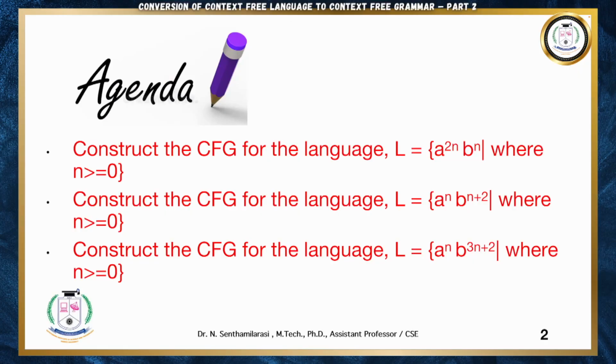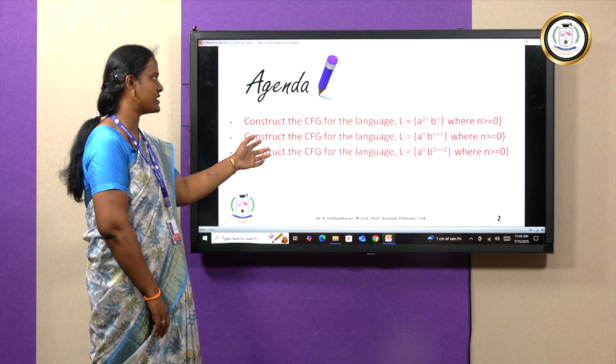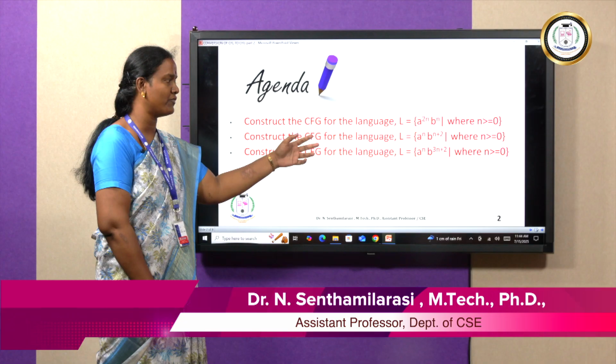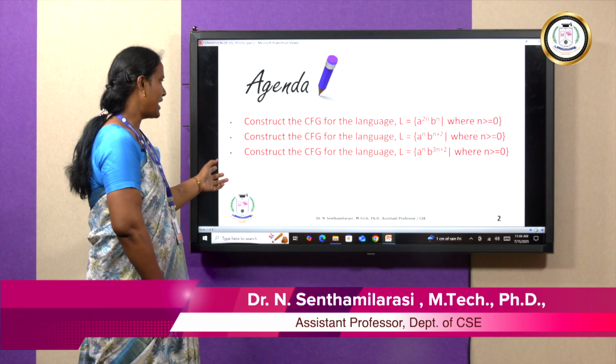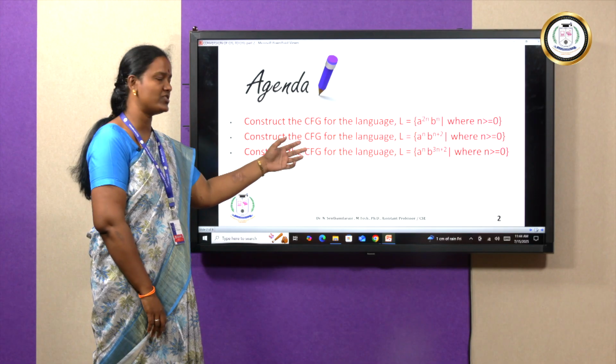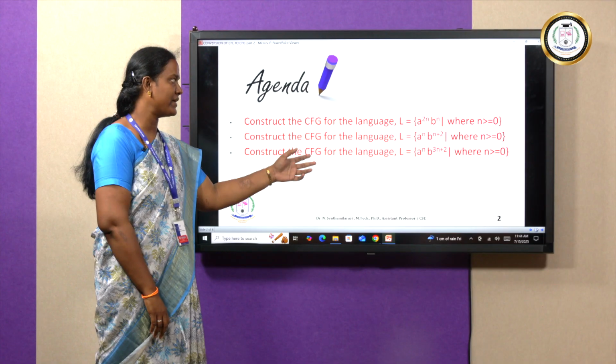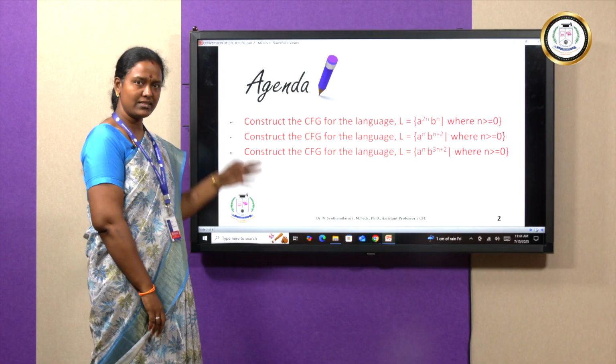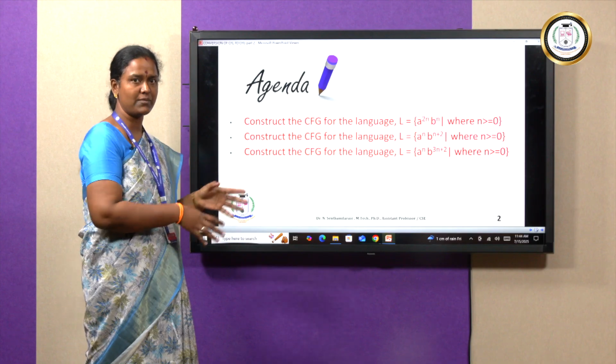So in this we are going to see a few problems: construct the CFG for the language L equal to a power 2n b power n where n greater than or equal to 0, construct the CFG for the language L equal to a power n b power n plus 2 where n greater than or equal to 0, and then construct the CFG for the language L equal to a power n b power 3n plus 2 where n greater than or equal to 0. So in this topic we are going to see these three problems.